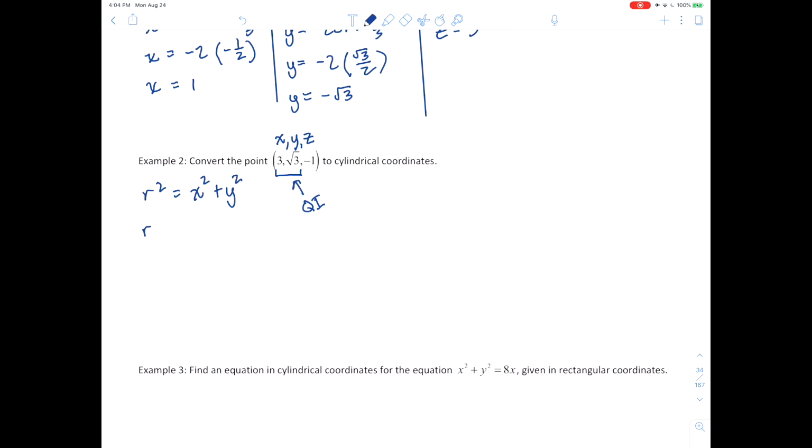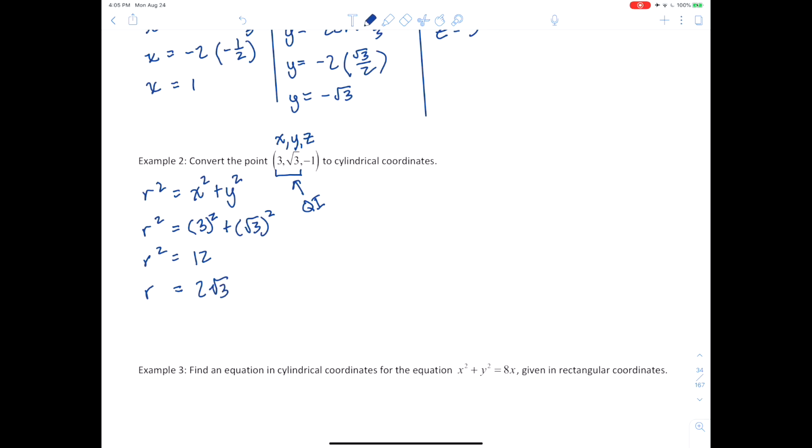And now let's figure out our r. So we'll have 3 squared plus √3 squared. So r squared is 12. And so r, being the radius, is positive, so this will just be the positive, what do we have, 4 times 3, so 2√3. Cool, cool?